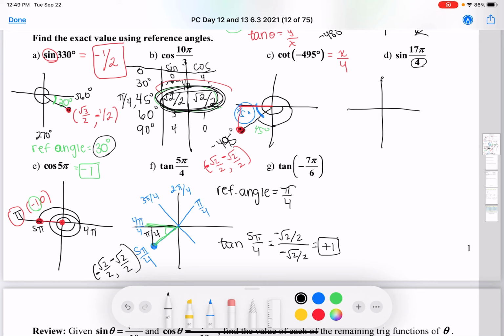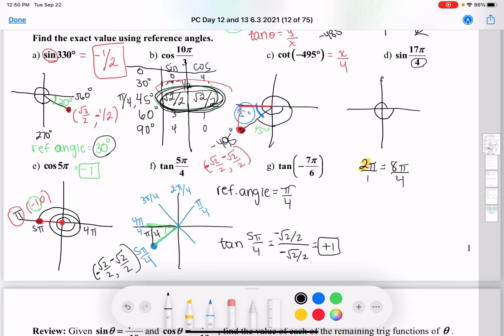All right, so now just figure out which quadrant do we lie in. Well, we know a full rotation around the circle is 2 pi. So if I go 2 pi around the circle, okay, well, how do I know how much of 17 pi over 4 that is? Well, 2 pi, guys, is just the same as 8 pi over 4, okay?